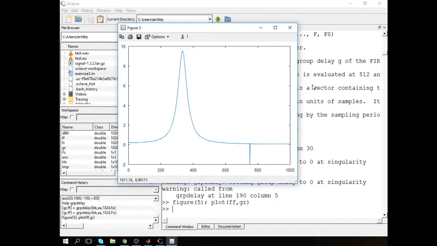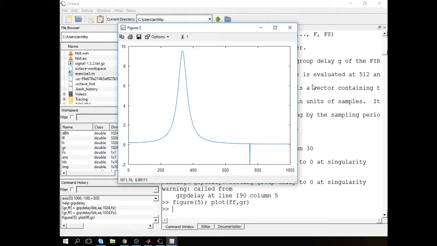Okay, good. All right. So this is the group delay in samples versus frequency. And as we can see, a signal with, for example, 200 hertz would be delayed less than one sample, but then this 350 hertz signal has almost 10 samples group delay there.